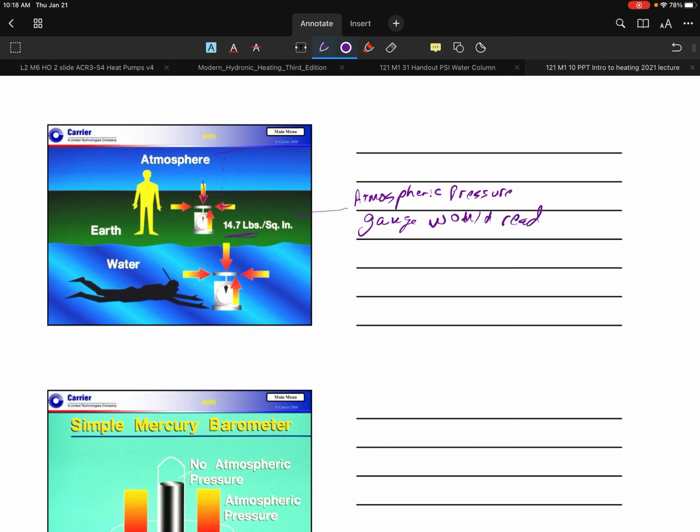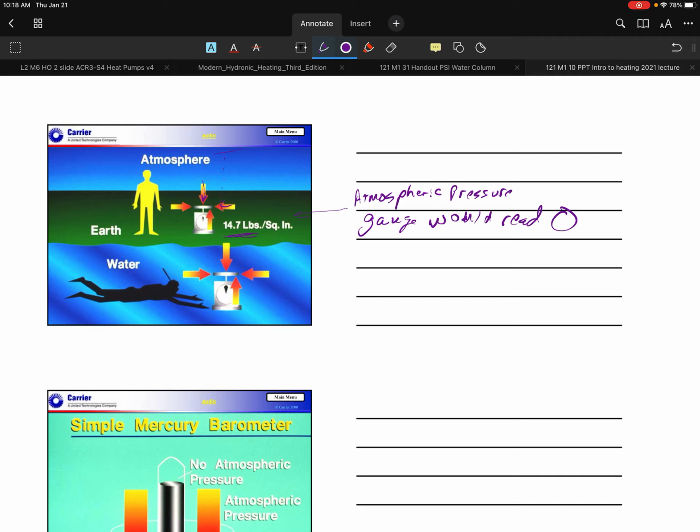You wonder why, and you guys know why. When you zero out a gauge, they're already zeroed at atmospheric air, because we want to know whether we are above or below atmospheric pressure. That's primarily why. Even though that pressure exists, the gauge reads 0.